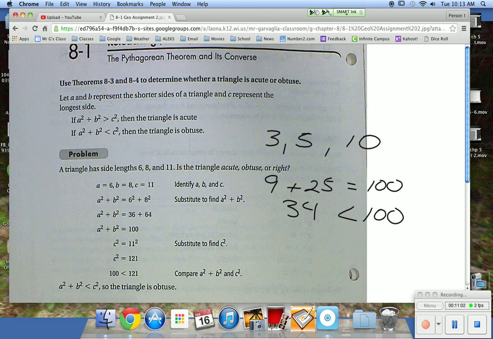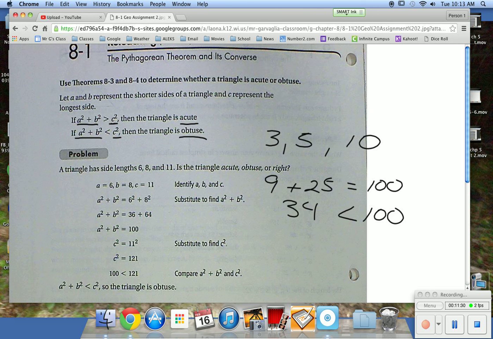An obtuse triangle. If this side, a squared plus b squared, is less than c squared, it's an obtuse triangle. If this happens to come out greater than this side, then it's an acute triangle. All right? If it's equal, then it's a right triangle.